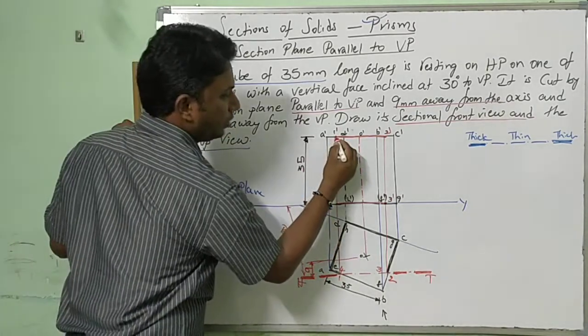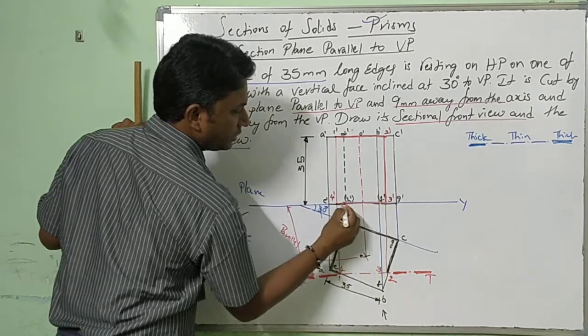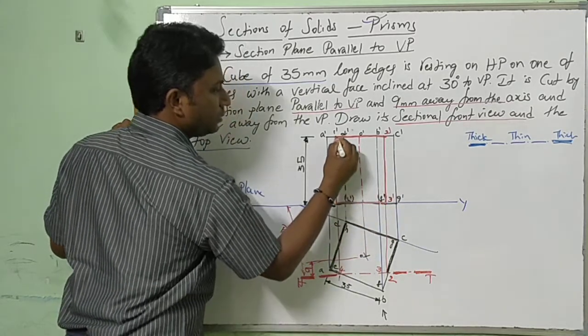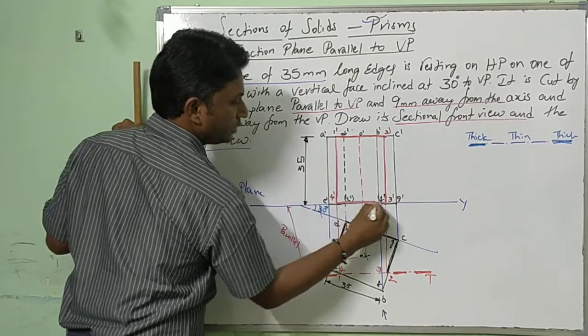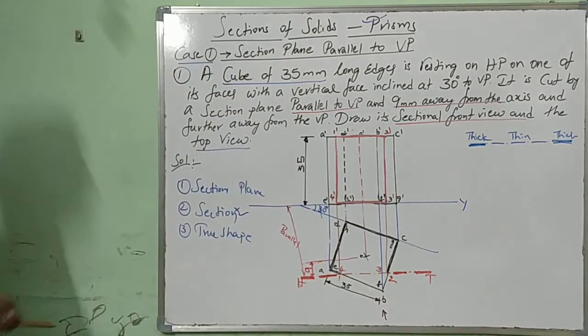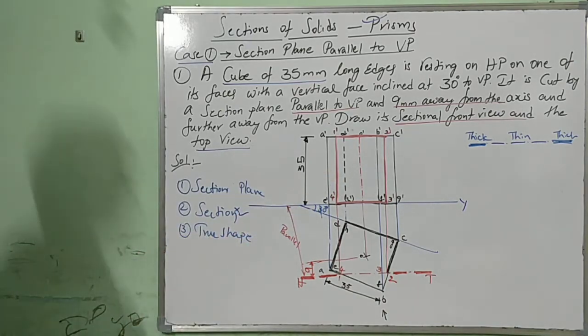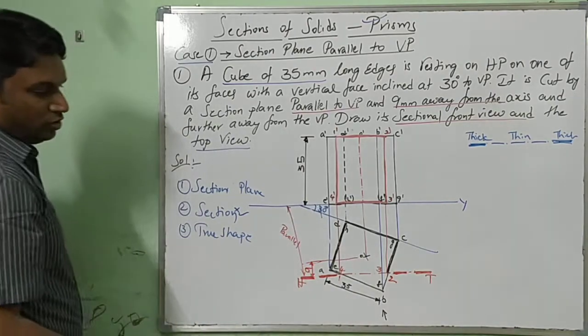Finally 1 dash, 2 dash, 3 dash, 4 dash, back to 1 dash. See, I am drawing a box with thick lines. You can notice the thick red box, which is nothing but the sectional front view, right?